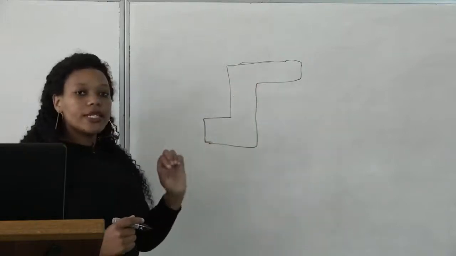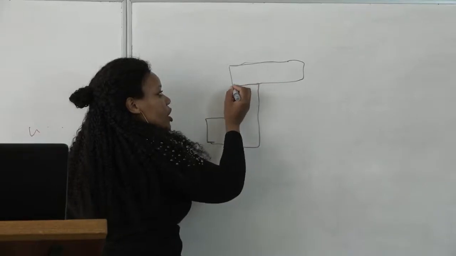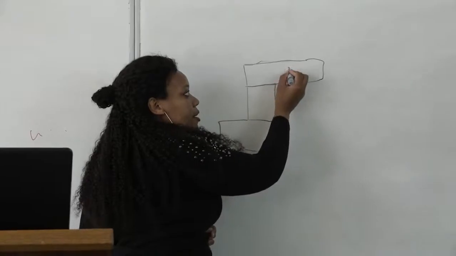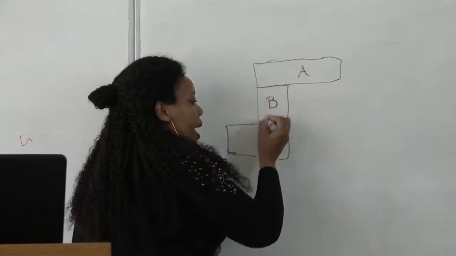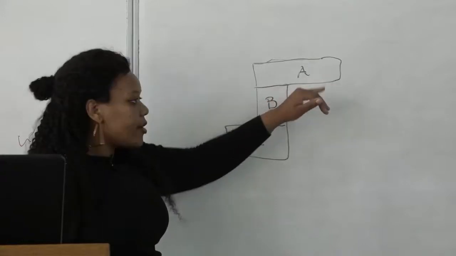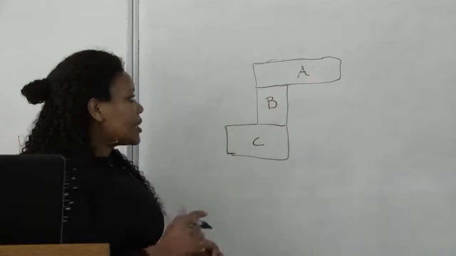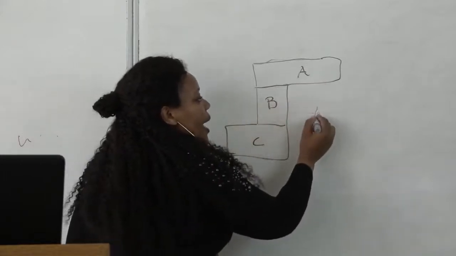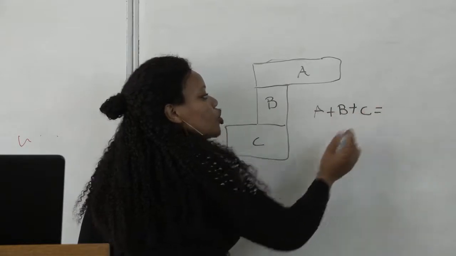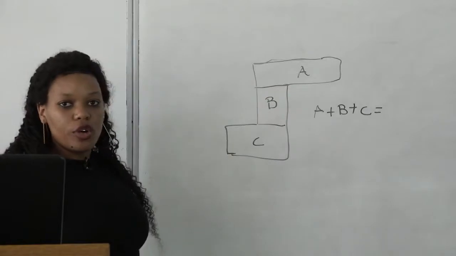The first thing I need to do is subdivide to create new boundaries. So now I would have area A, area B, and area C. I would first calculate area A, area B, and area C, and then add area A plus area B plus area C to find the total area of this plot of land.